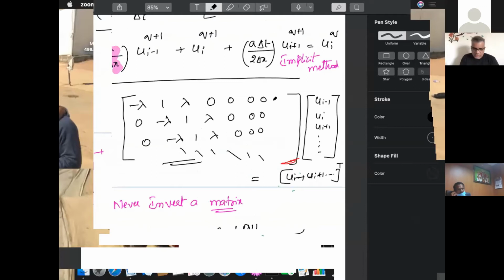You can also look at only the time derivatives as implicit, or only the spatial derivatives as implicit, or a combination of these two. So there is a whole host of combinations of methodologies available to actually solve these kinds of systems.